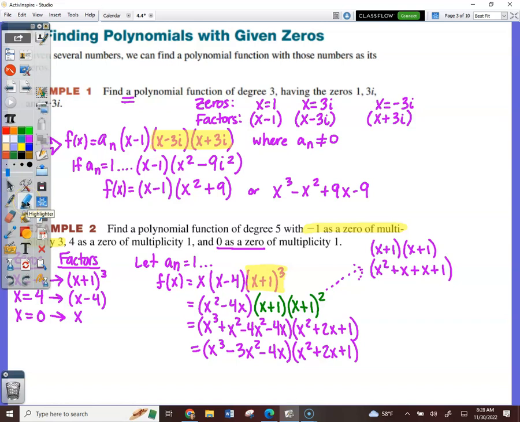Focus your attention in the first set of parentheses on just one term and visualize multiplying it through the entire second set of parentheses and write what you get. Then repeat, but with the second term through the whole set of parentheses, and then repeat with the last term through the whole set. So I really want to see if you can get it before I put the answer on the board. So you try it. Your highest degree should be x to the 5th.